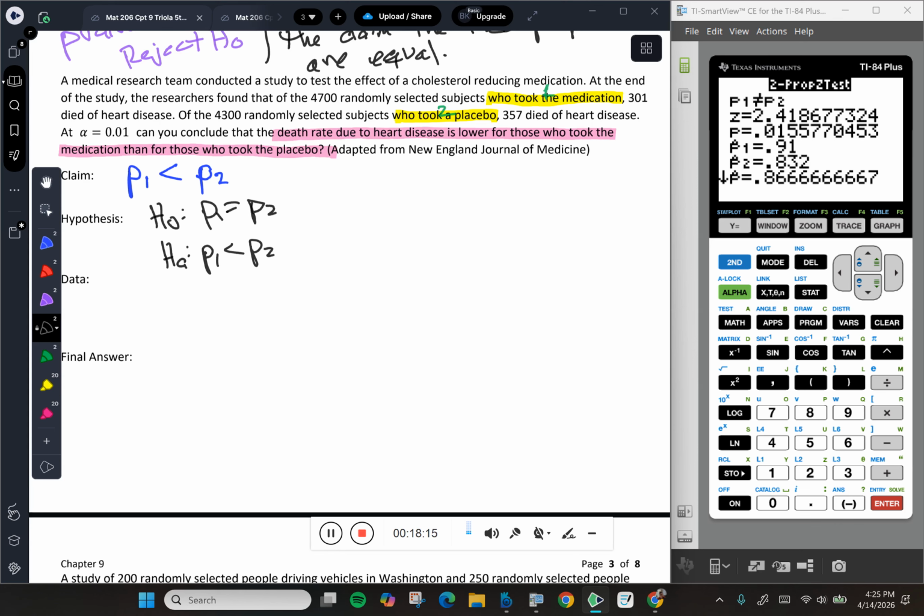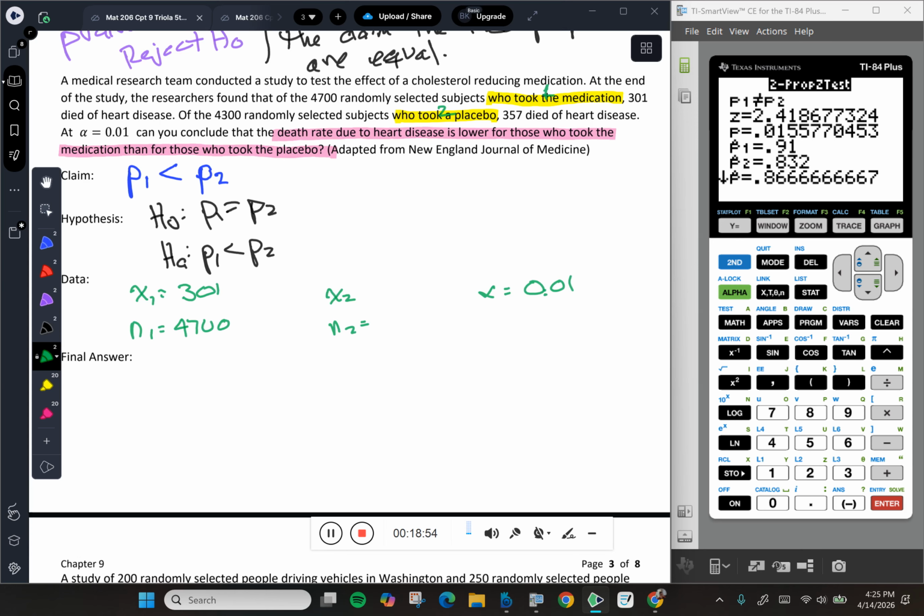Okay, I need data. I need data about group 1, and I need data about group 2. What I learned from the last problem is what I really need is an x1 and an n1, an x2 and an n2, and an alpha level. I'm lazy. I'll do the easy thing first. Alpha level, 0.01. X1 and N1 is group 1 data, so that's 4,700 for our N1 and 301 for our X1.